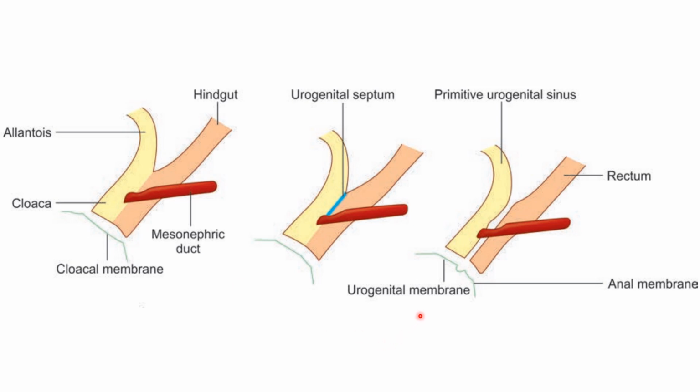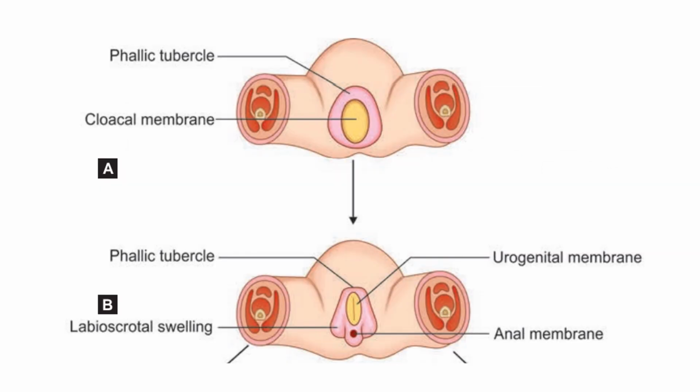Now we are going to look at this cloacal membrane from the inferior aspect. So this is that particular view. This is the initial appearance.